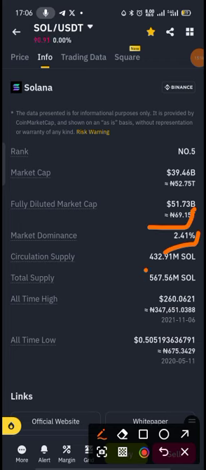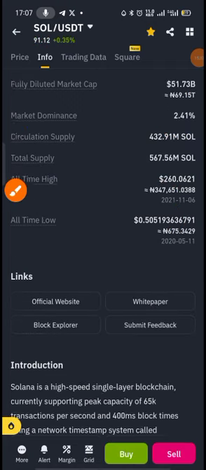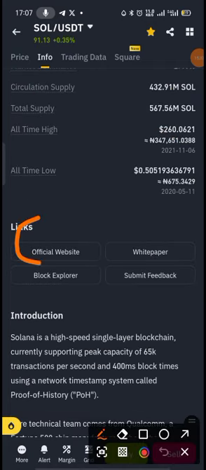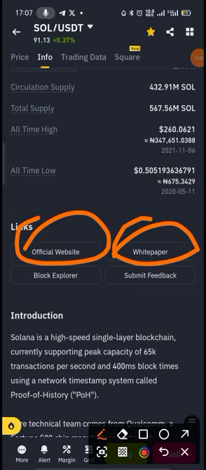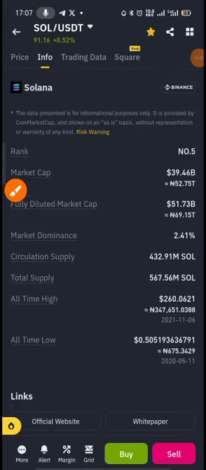We have circulating supply, how many Solana are out there, and the total number of Solana that we can have. The all-time high price has gone to 260, and the all-time low is 0.5. Then we have its official website and white paper that tell you about the coin. We have the block explorer that tells you about transactions going on there. What else are we seeing here? An introduction of the coin, and that's it.